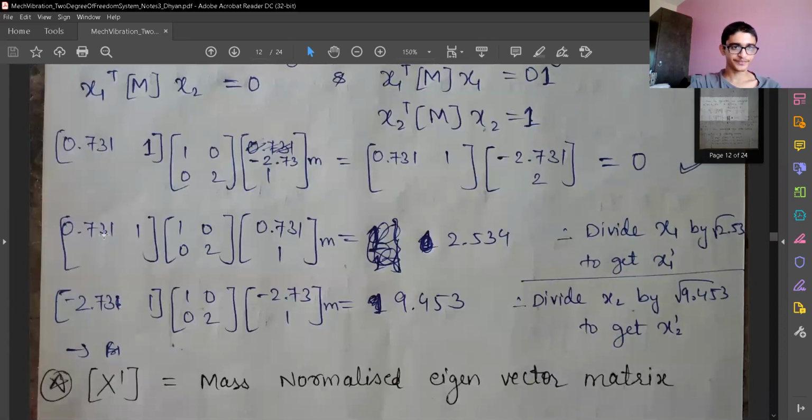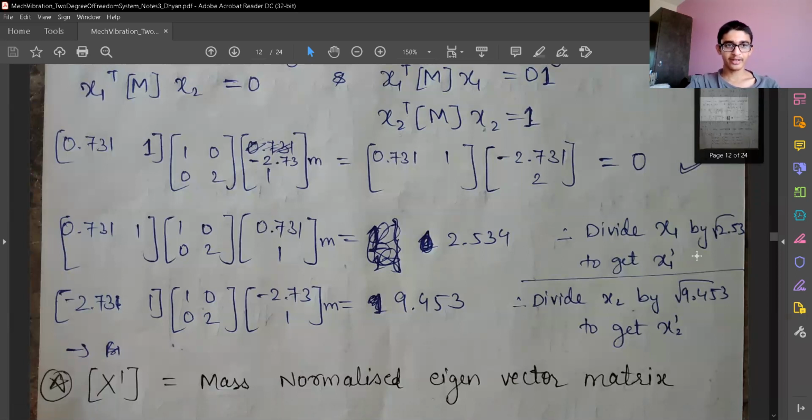mass normalized values. So we have taken x1 mass matrix x2, and the value is 0. Then we have taken x1 transpose mass matrix into x1, that is equal to some positive value. Again x2 transpose mass matrix into x2 is equal to some positive value.